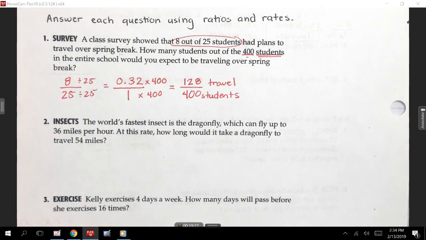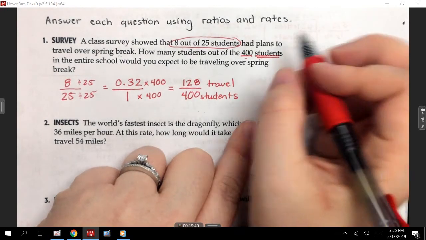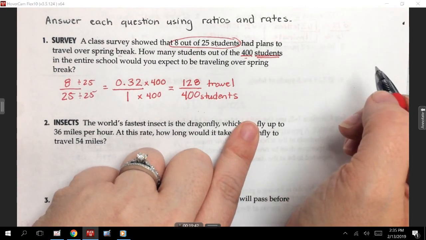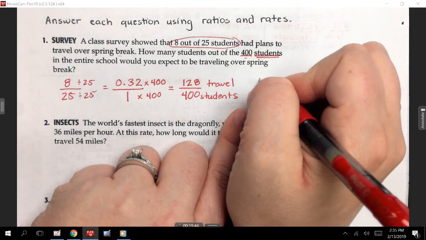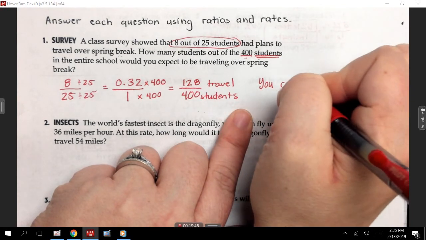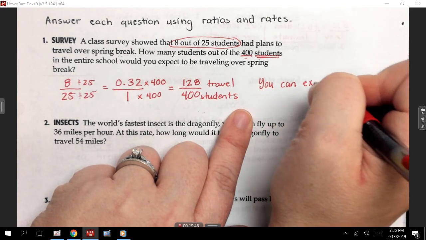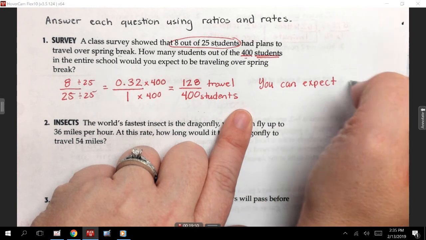All right. He had a bunch of sentences in that question, so I'm going to make sure I answer with just one really good sentence. Give me a sentence to go with this, Maddie. We can expect 128 students to travel over spring break out of 400 students.